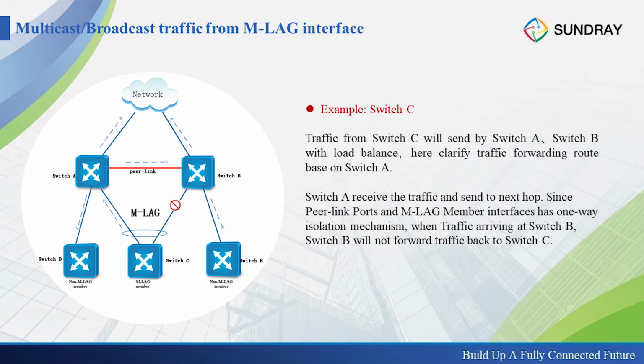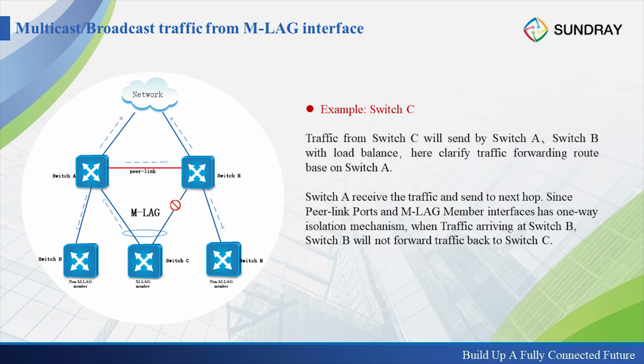The next is the multicast or broadcast traffic from the MLAG member interface. For example, the traffic from switch C will be sent to switch A and switch B with load balance.